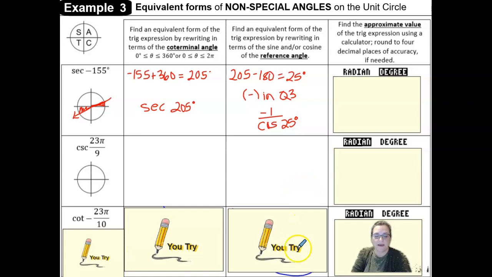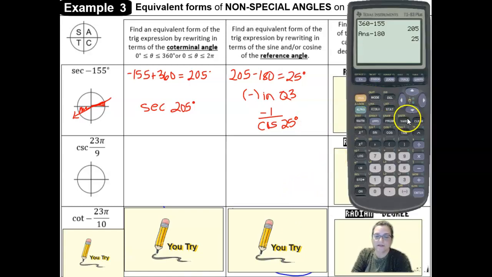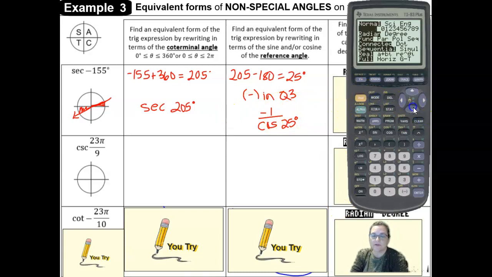So to check that these are equivalent expressions, we're working in degrees, so we're going to go to the mode and switch from radians to degree mode. And then secant, there's no secant button on the calculator, so we have to use our reciprocal identity, 1 divided by the cosine of negative 155 degrees.